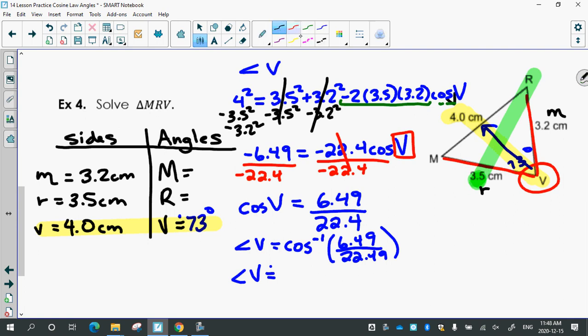So if we want to do that, we could use the sine law to find angle R. But when we use the sine law to find an angle, we want to have the angle on top. So we're going to start off with the sine of angle R over its opposite side, which is 3.5, equals the sine of the angle we know, which is 73 degrees. It's angle B over side B, which is 4.